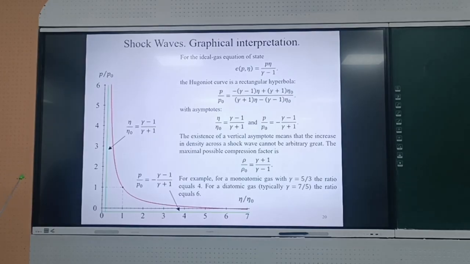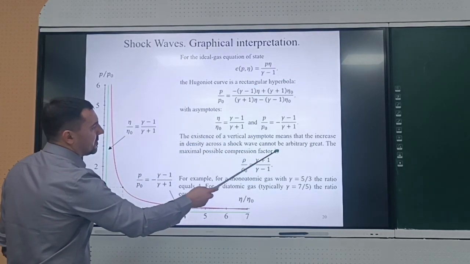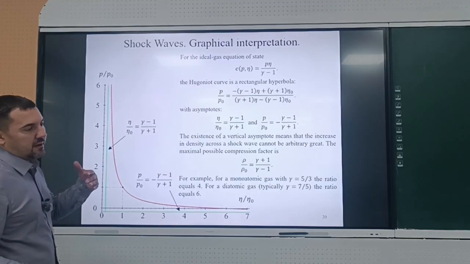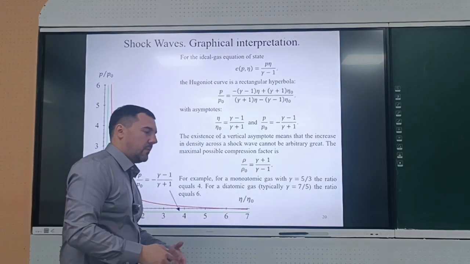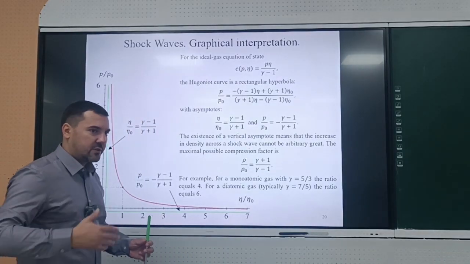The physical meaning of the vertical asymptote is clear. The existence of the vertical asymptote means that the increase in density across a shock wave cannot be arbitrarily great. We can think that if you provide a stronger and stronger shock wave, you will get stronger and stronger compression.